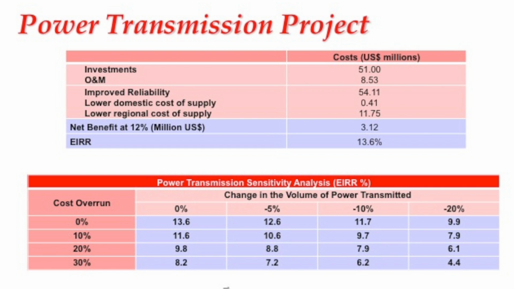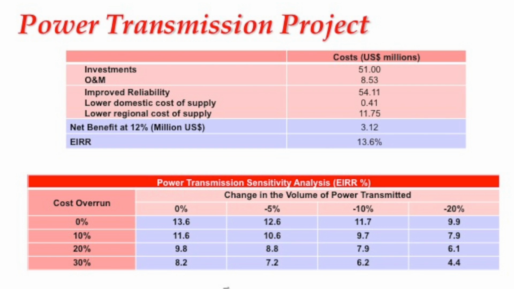And then we see what happens if we simply increase our costs by 10%, then our rate of return will fall to 11.6. If we reduce our volume of power transmitted by 5%, that falls to 12% without increasing costs. And if you do a combination of the two, this is what you get. So sensitivity analysis, in the same way as we did for roads, we would do for other infrastructure projects.